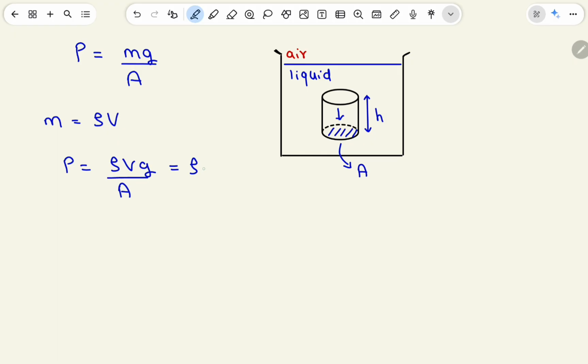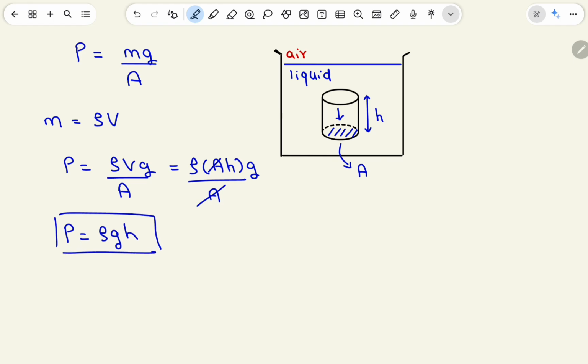And we know that volume can be written as area times height, where h is nothing but the height of the cylinder of the liquid, which is exerting the pressure on the bottom area A. Divided by A, and A gets cancelled. And so we have the pressure exerted by the liquid column as rho gh.